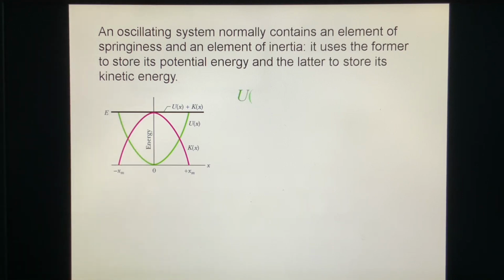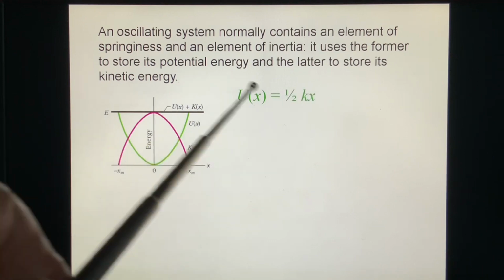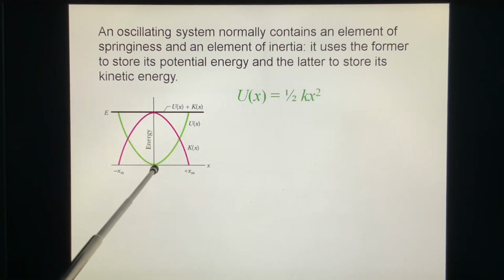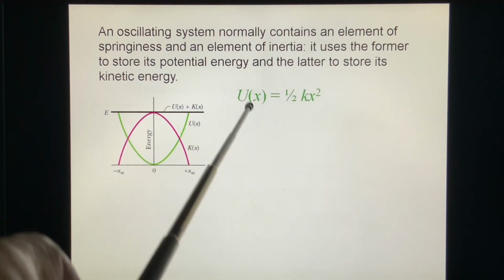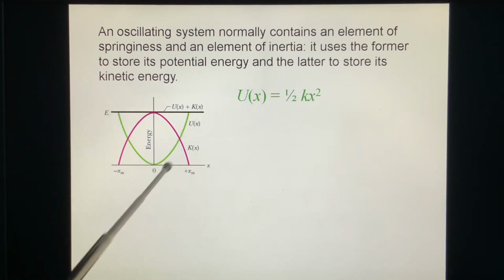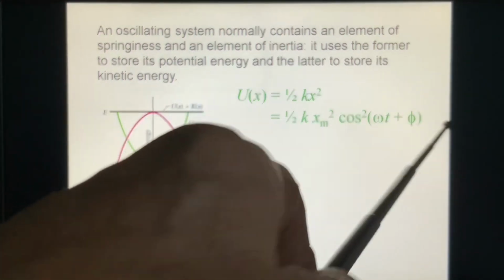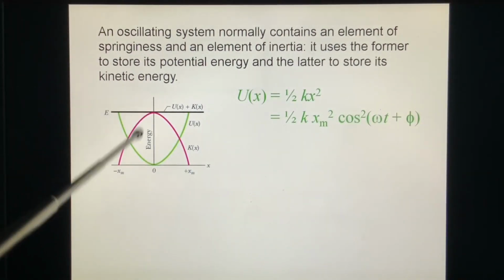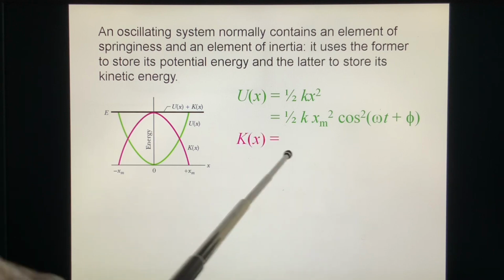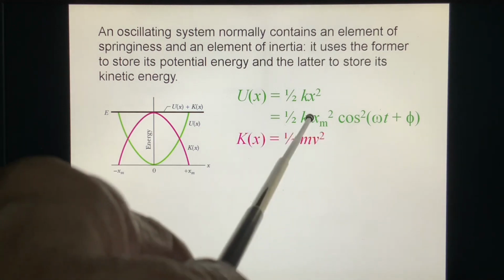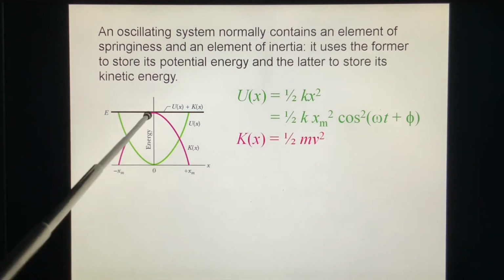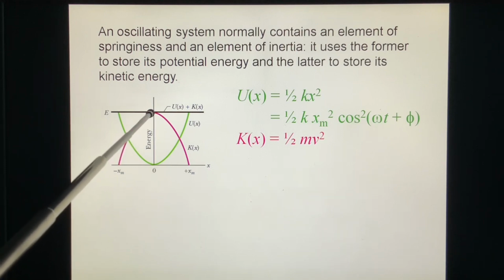When x equals 0, the potential energy is 0. This is x equals x_m cosine(omega t plus phi), and kinetic energy equals half m v squared. And when x equals 0, v is maximum. See, this one, v is maximum.